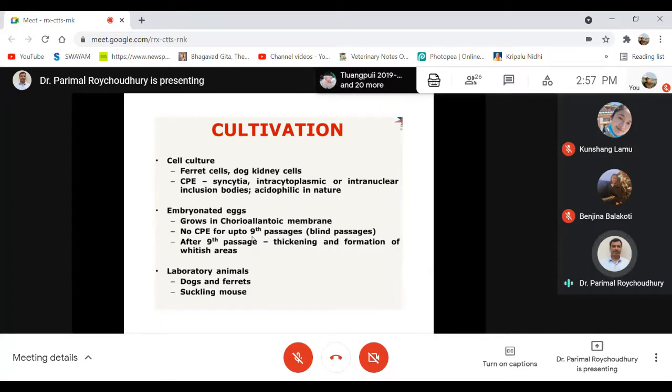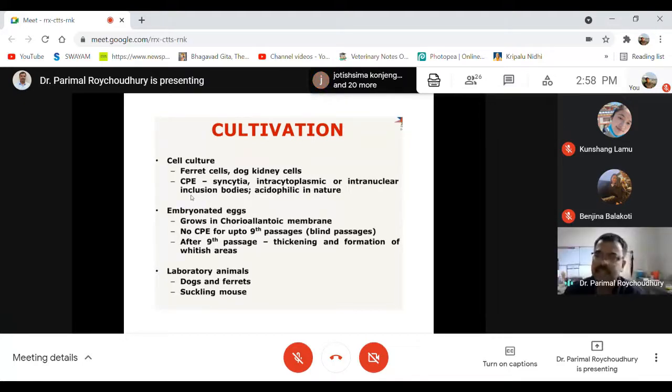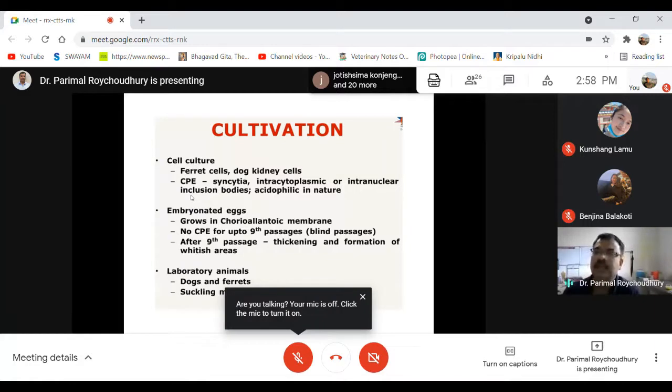So it takes a lot of time. Cell culture is the best method, where we can use canine cells like Madin-Darby canine kidney cells, where we can grow the virus, and it produces typical syncytia.